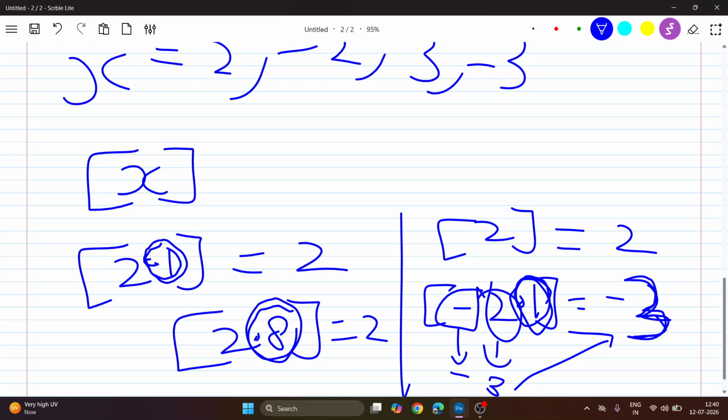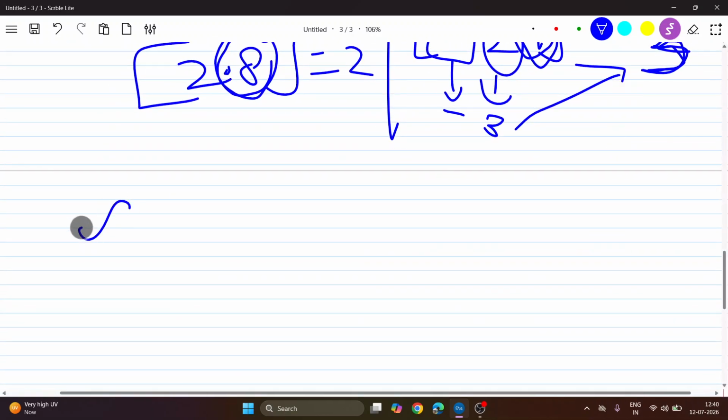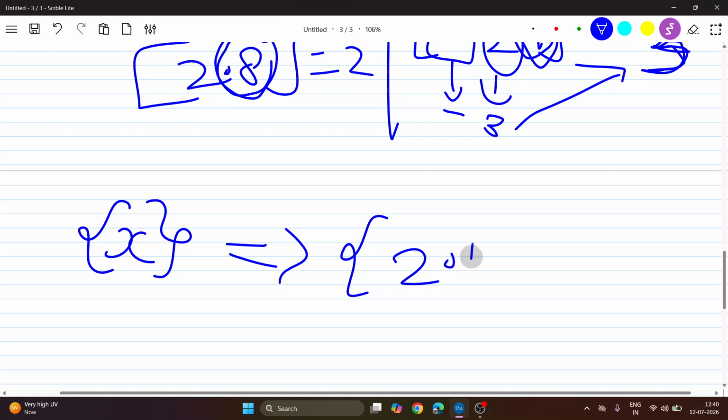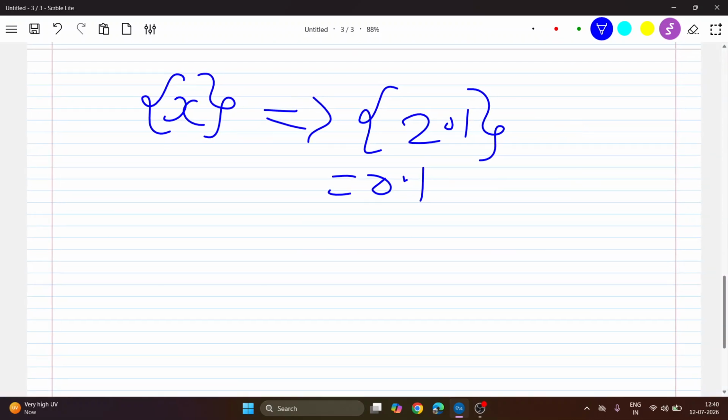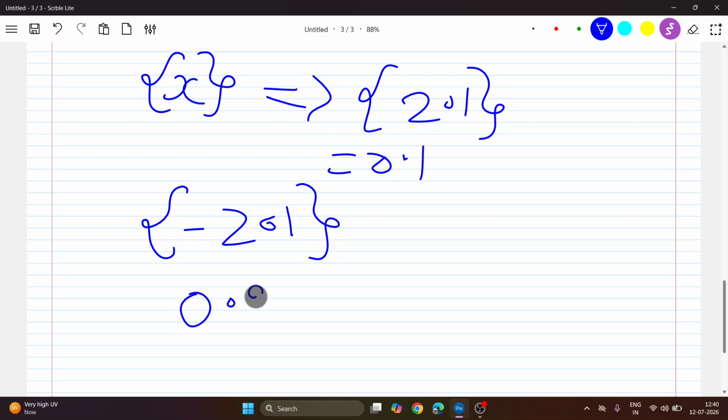So we have the fractional part with flower brackets. Okay. So now if it's positive, you just put in the decimal value.